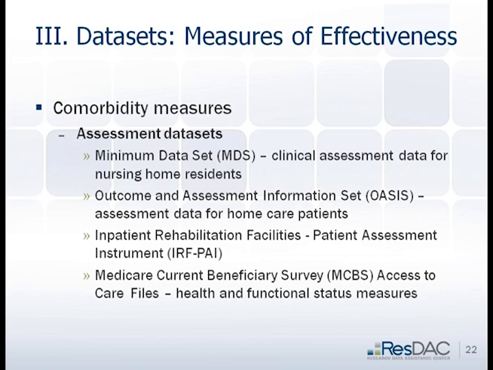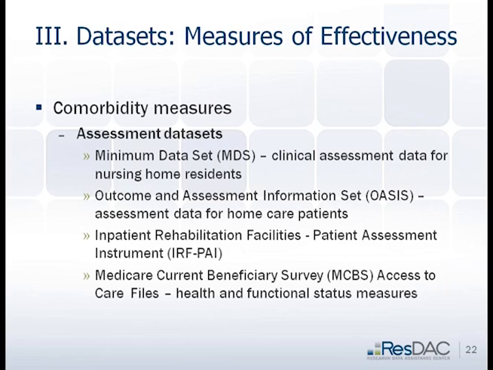So some of the assessment data sets that are available: the Minimum Data Set contains clinical assessment data for nursing home residents. The Outcome and Assessment Information Set, or the OASIS, has assessment data for home care patients. For rehab, there's the Inpatient Rehabilitation Facilities Patient Assessment Instrument, the IRF-PAI.